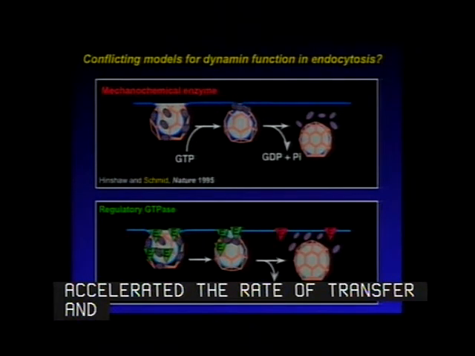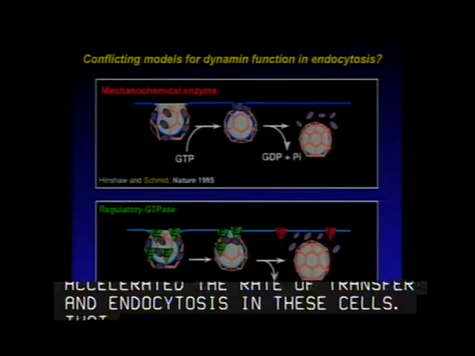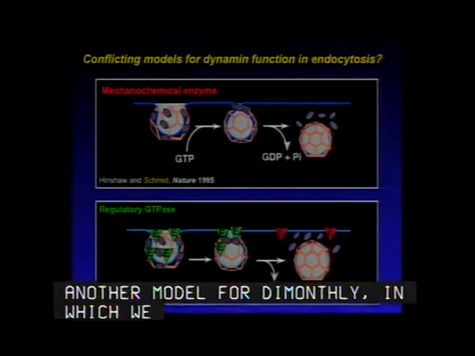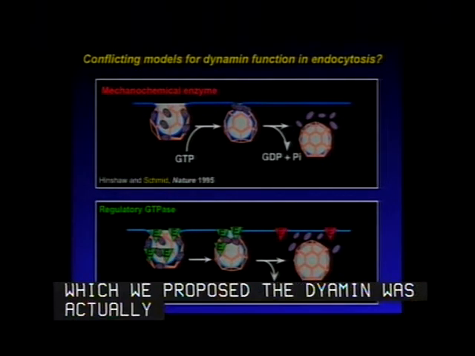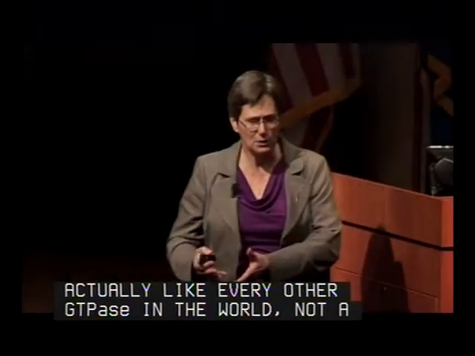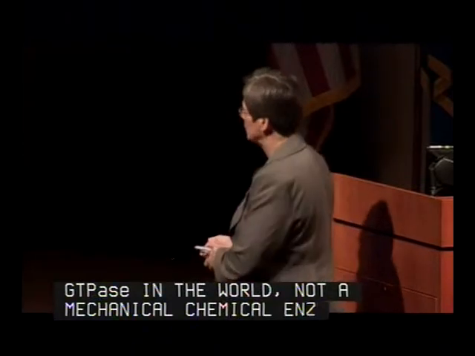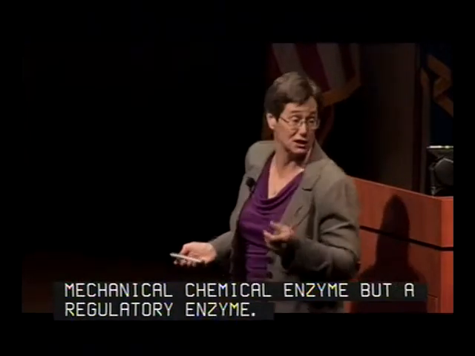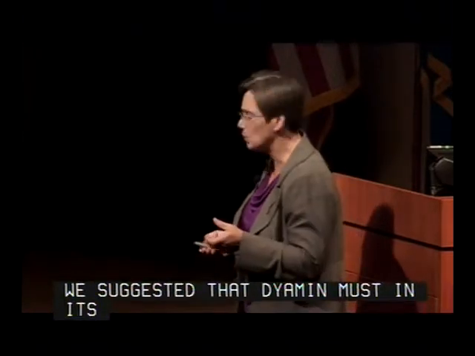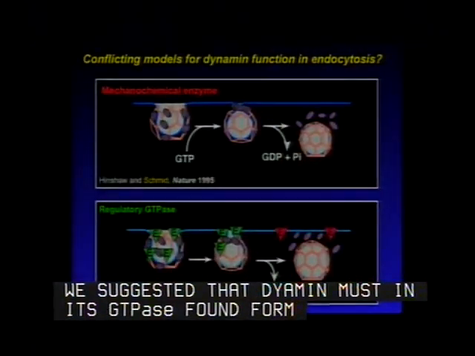So that led Sonia Sever and me to propose another model for dynamin, in which dynamin was actually like every other GTPase in the world, not a mechanochemical enzyme, but indeed a regulatory enzyme. In this model, we suggested that dynamin must, in its GTP-bound form, interact with effector molecules that control the rate-limiting steps of vesicle formation.